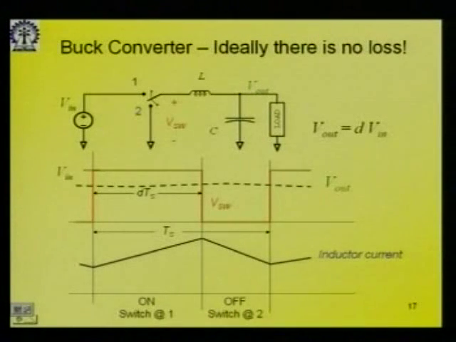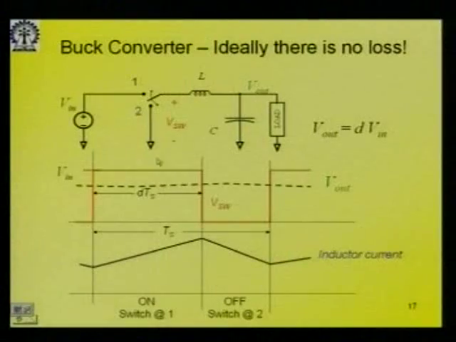And then when we make it off, it is blocking the supply. That means there is a substantial voltage across it, but there is no current through it, so there will again be no loss. That is the beauty of this circuit, under both conditions it has no loss. That is how we are improving the efficiency, right.